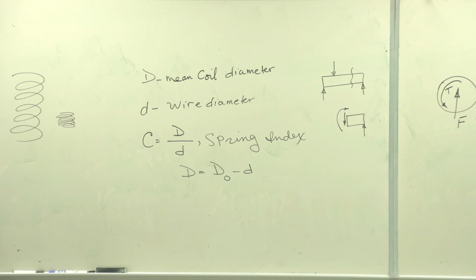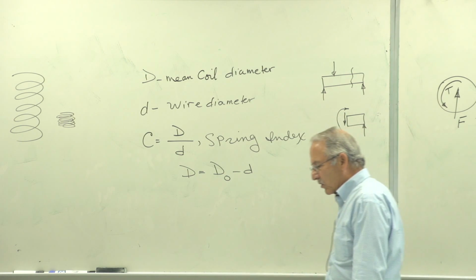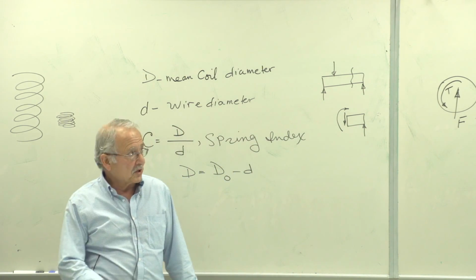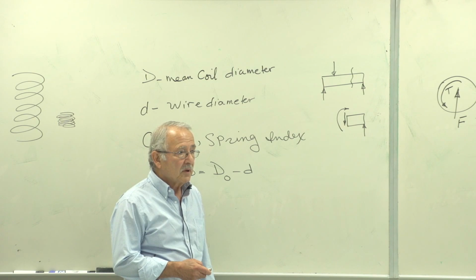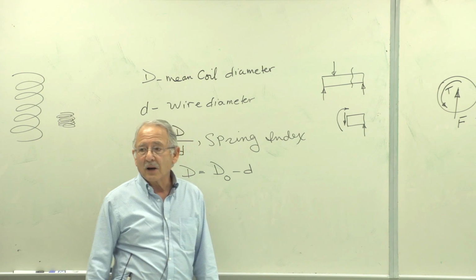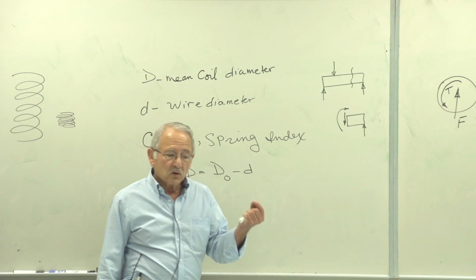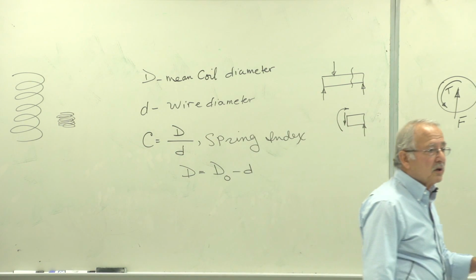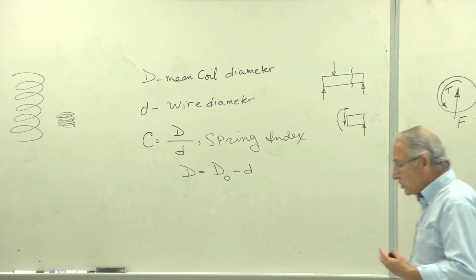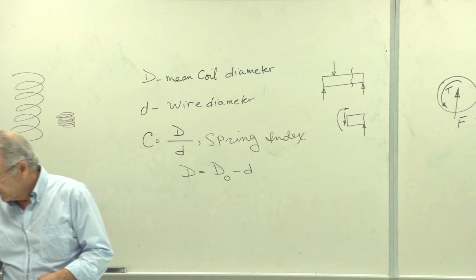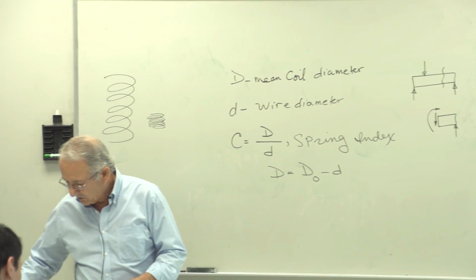We said curvature, we use a stress concentration factor of 1.5 or something like that. This is the same. It increases the stress on the inside of the wire and decreases the stress on the outside of the wire. But the amount of increase on the inside of the wire is much larger than the decrease on the outside. So the inside of the wire becomes the more critical point to take a look at. To take account of that curvature and use it like a stress concentration factor, we use these factors.